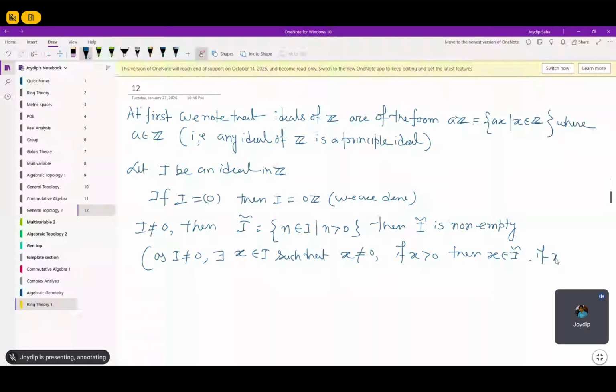If x is negative, then -1 times x belongs to I. Hence, minus x belongs to I tilde. So it is non-empty.